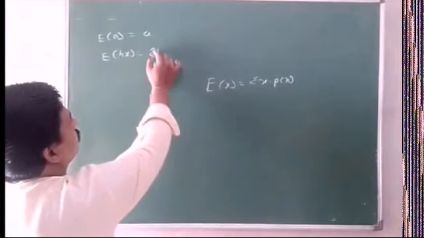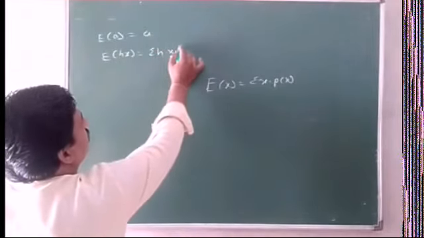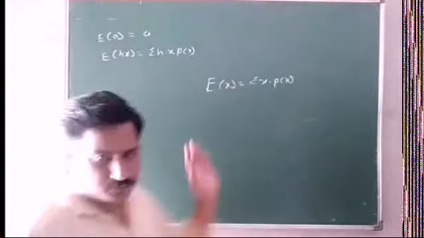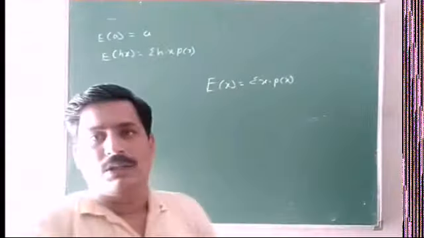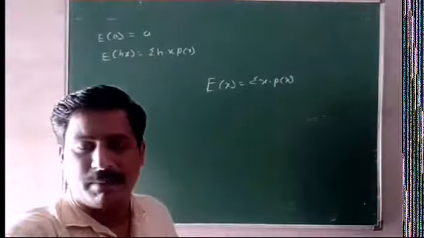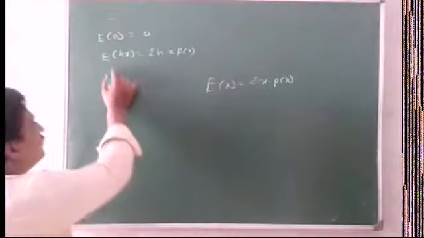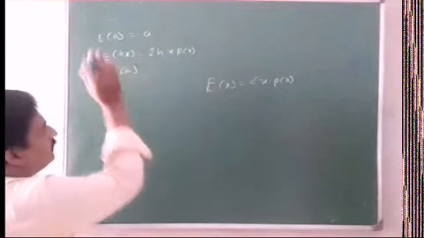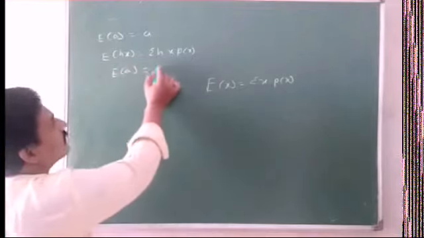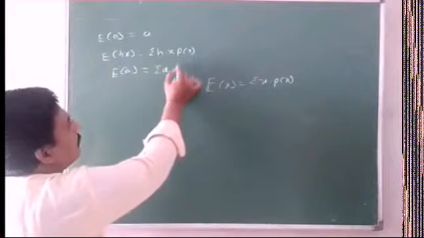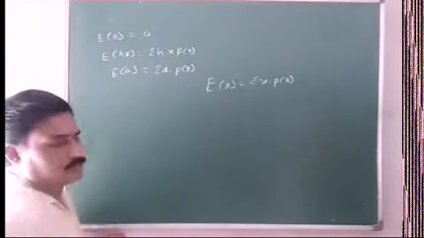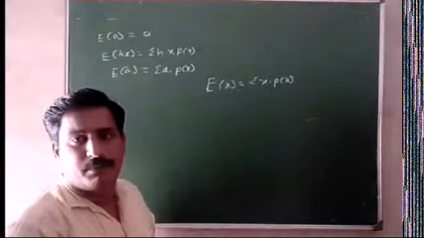So E of a is equal to, there are no x values here, E of a is equal to summation of a into P of x. Summation of a into P of x.